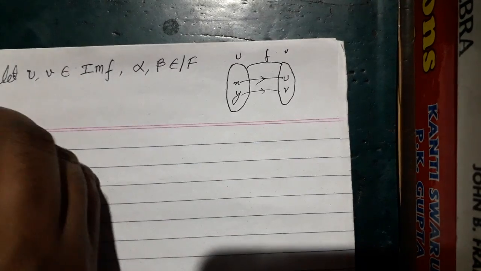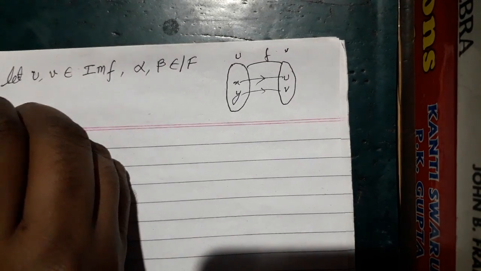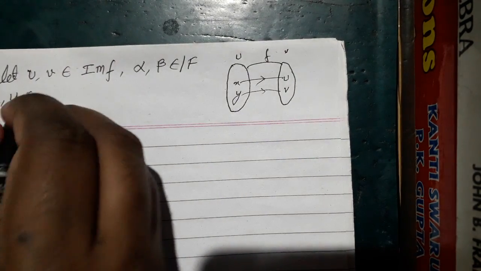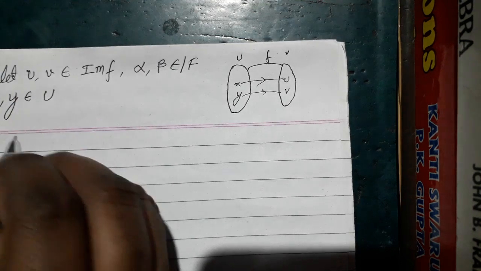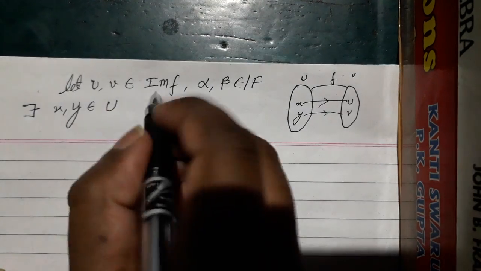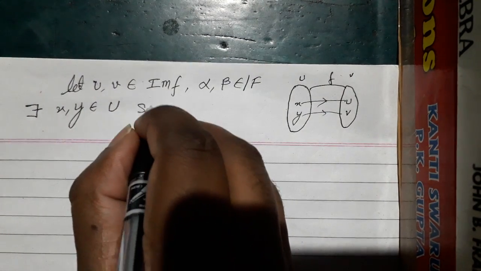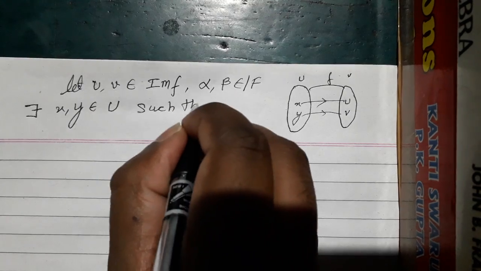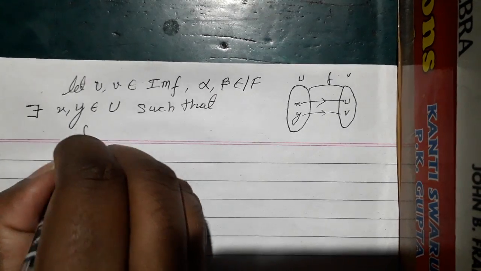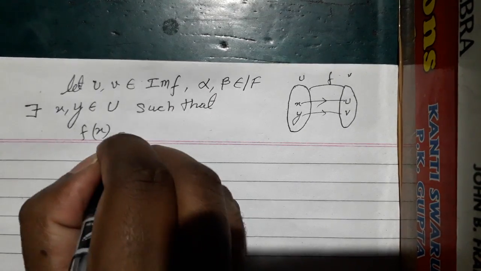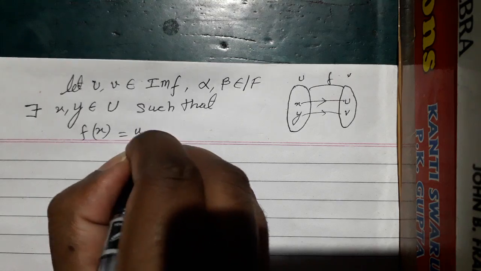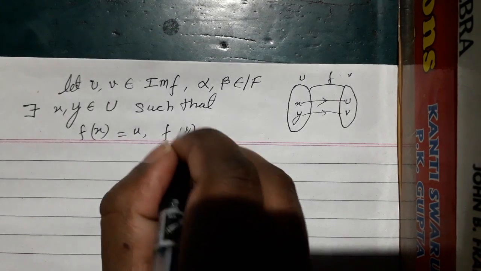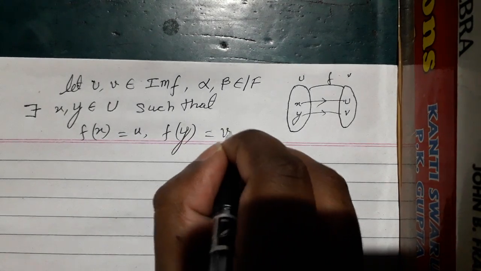So there exist x and y belonging to U such that f of x is equal to small u and f of y is equal to small v.